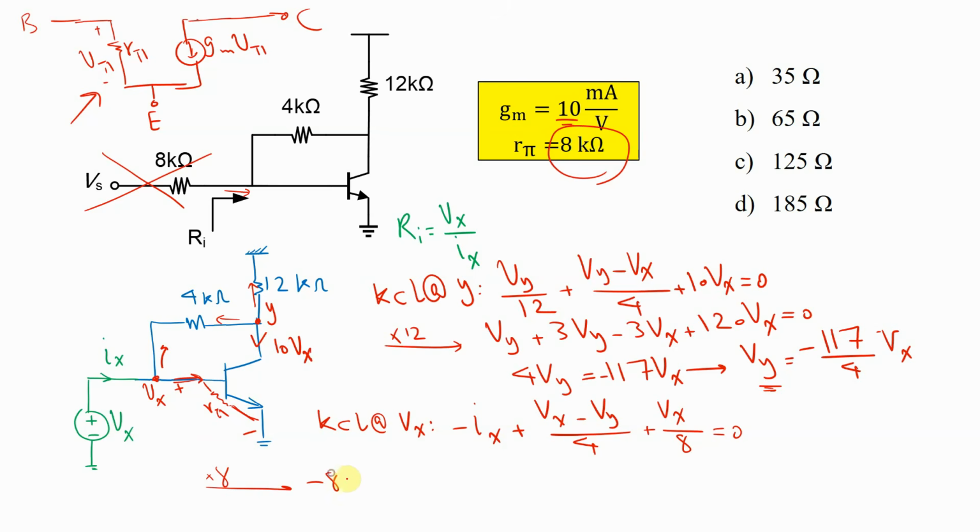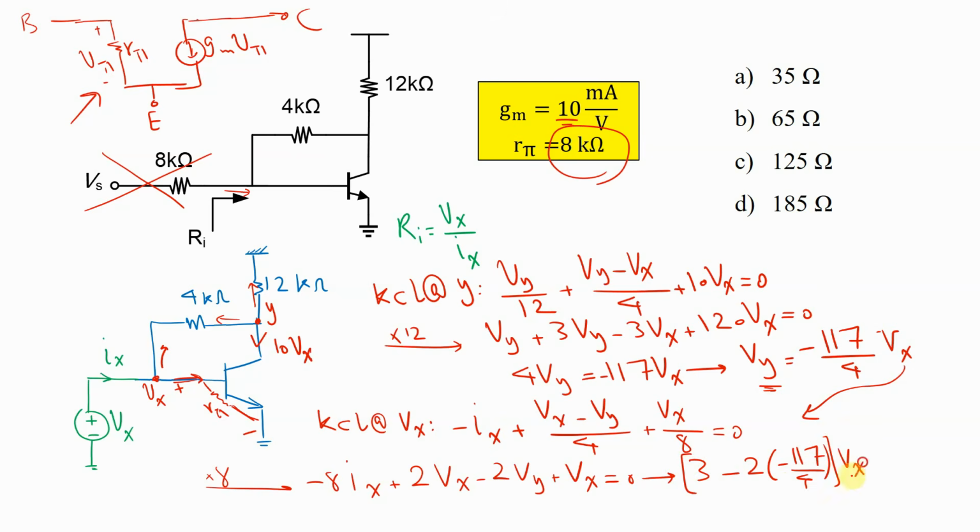So here we have minus 8 Ix plus 8 divided by 4, which is 2 Vx, minus 2 Vy plus Vx equals 0. Here 2 plus 1 is 3, so 3 Vx minus 2 Vy, and I'm going to substitute the expression for Vy: minus 115 divided by 4 times Vx, all of it times Vx, and here we have minus 8 Ix.